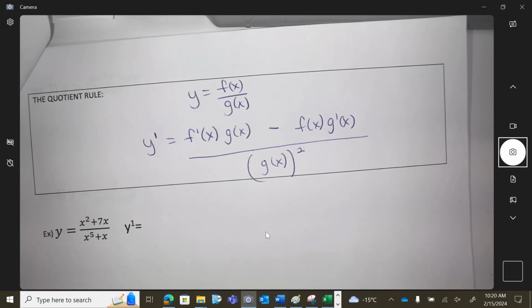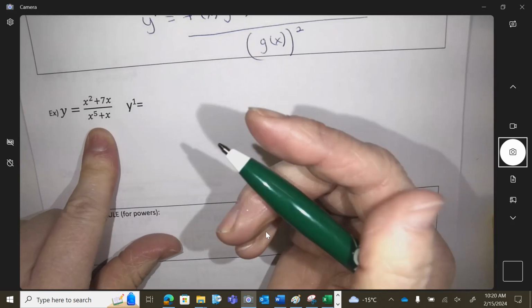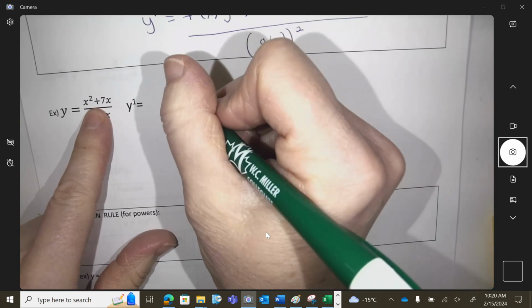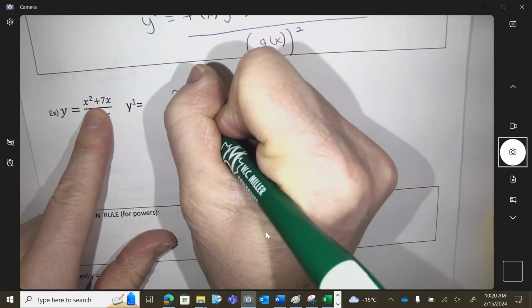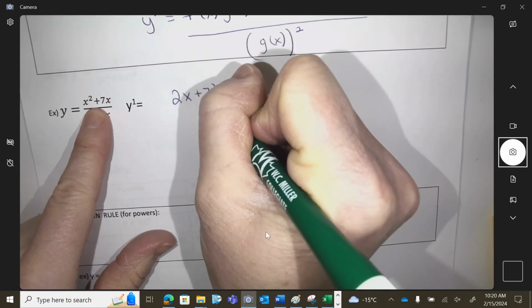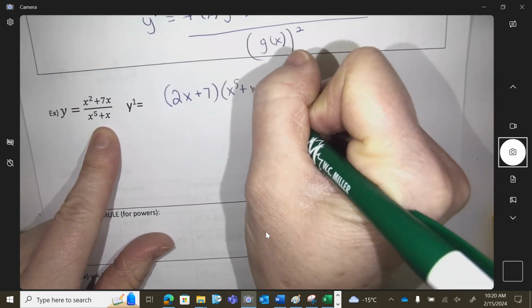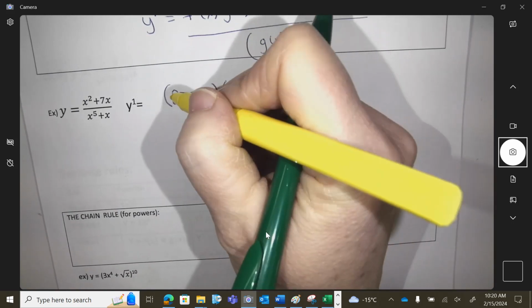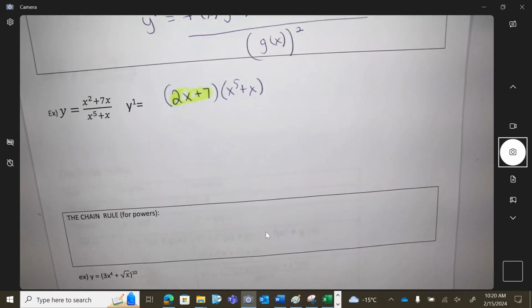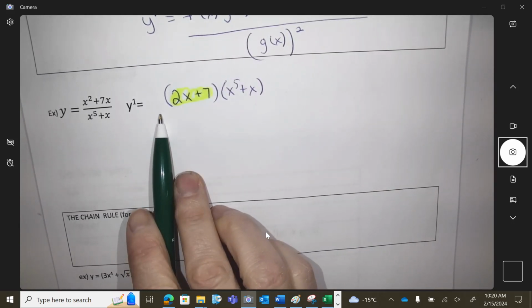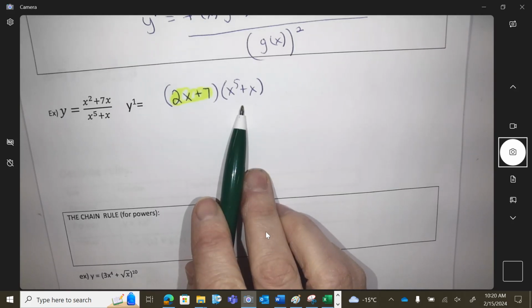Okay, you ready? Here's your example. Derive this top, so 2x plus 7 times the keep bottom. Derive times the keep of the bottom, right? Good.